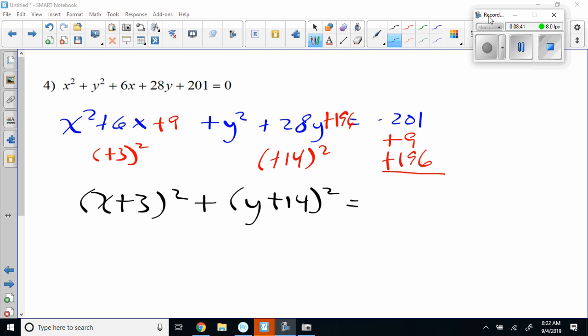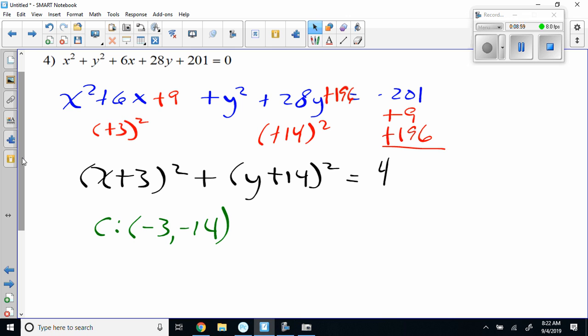gives me 4. So, for grins and giggles, I asked you to do the center, right? What's the center? That's exactly right. Negative 3, negative 14. All right. What's the radius? Okay. What kind of strategy have I given you that's going to help you to not just put 4? r squared equals what?